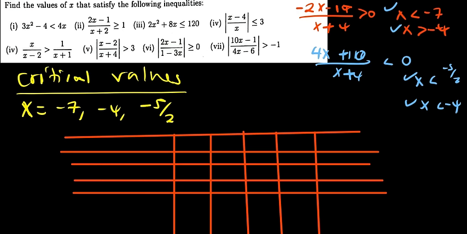So we have negative 7 here. Next I'll put negative 4. What else? Negative 5 over 2. That would mean this part can go.